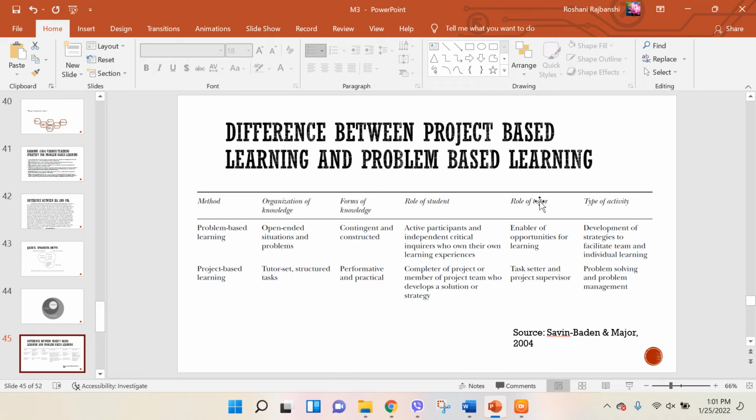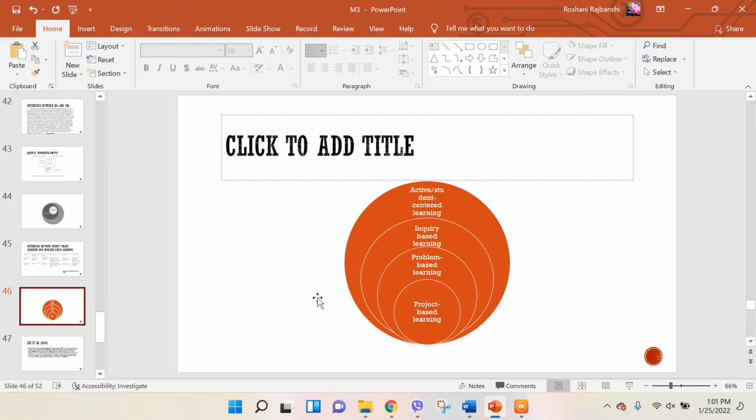In problem-based learning, the tutor is an enabler of the opportunities for learning, and in project-based learning a task setter and project supervisor. The activity students do in problem-based learning is the development of strategies to facilitate team and individual learning. In project-based learning, it becomes problem solving and problem management. This is taken from this article.